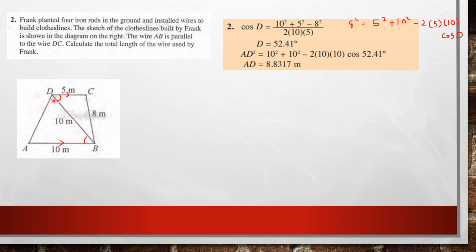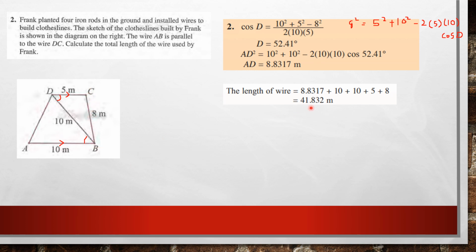Then that angle D is equal to angle B here. So from there you can find the opposite side, AD. So AD square equal to 10 square plus 10 square minus 2 times 10 times 10 times cos 52.41. So the length of AD is 8.8317. So the total length of the wire is AD 8.8317 plus AB 10 and BD 10, CD 5 and BC 8.